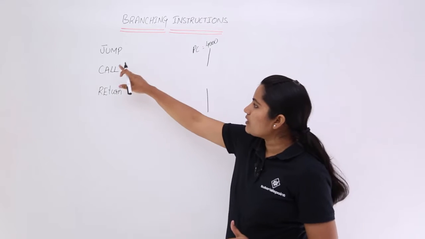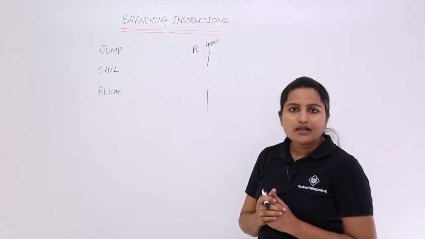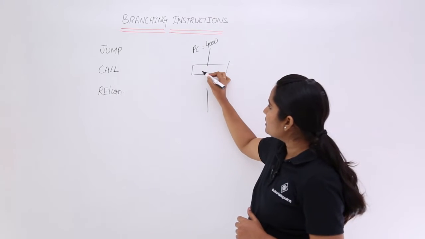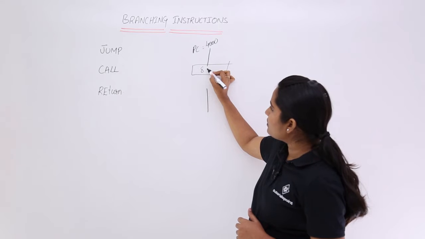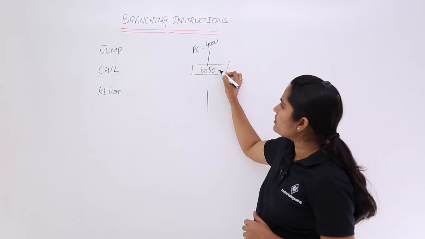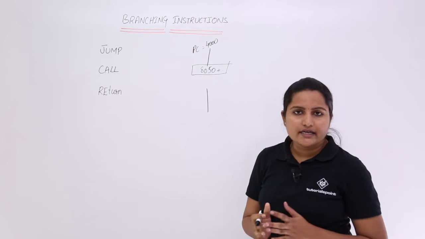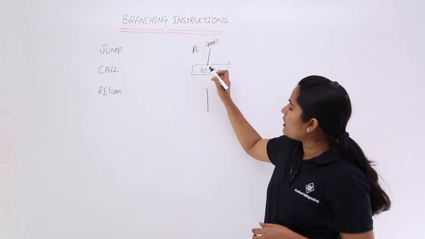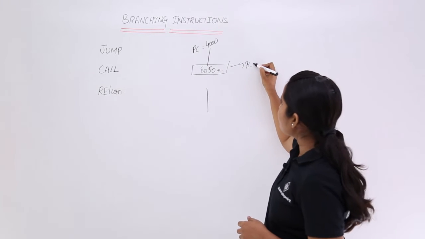Then when you get a call instruction, for example, CALL 8050H, if you are calling this location, your program counter then holds this address.